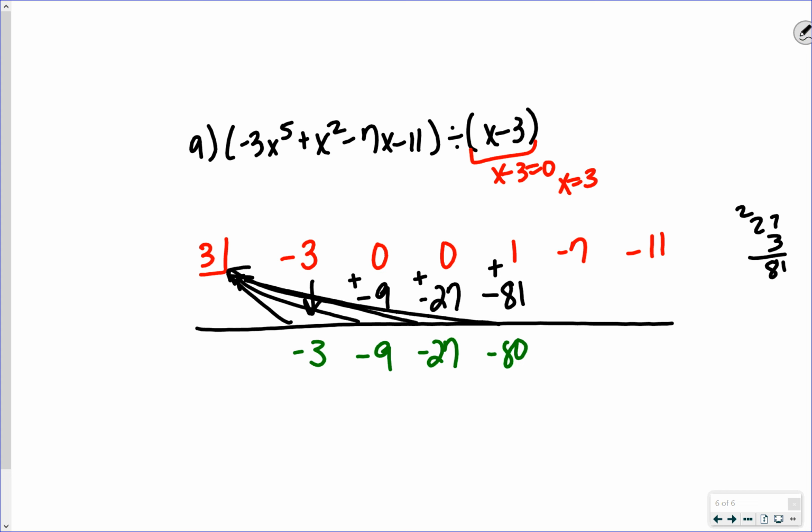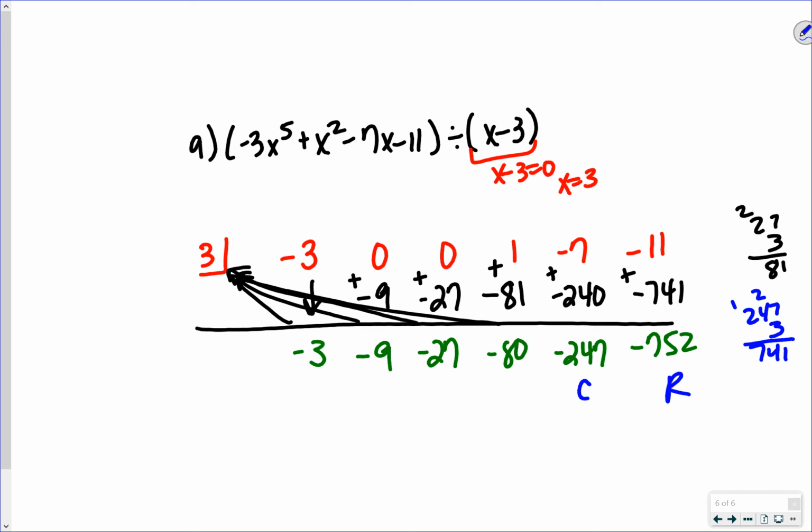Times 3 is a negative 240. I don't know why these numbers are so big, but that's okay. Plus negative 7 is a negative 247. Negative 247 times 3 is 741. Plus negative 11 is a negative 752.